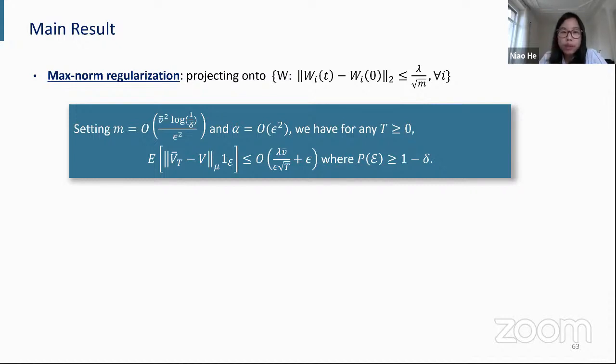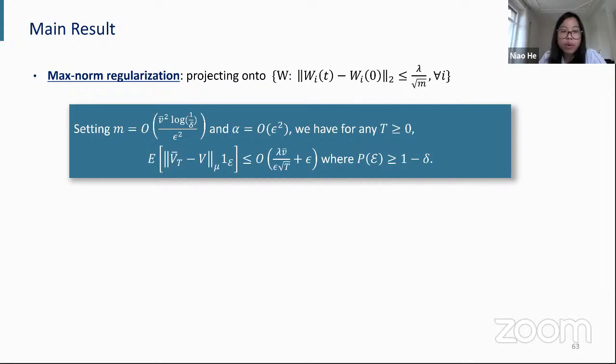Then we can show that if you set the total number of neurons to be of order 1 over epsilon square, and you set your step size to be of order epsilon square, then with high probability the value function you estimate, which is the average of the output, is very close to the true value function, with an error bound that depends just on the order of 1 over square root of t.